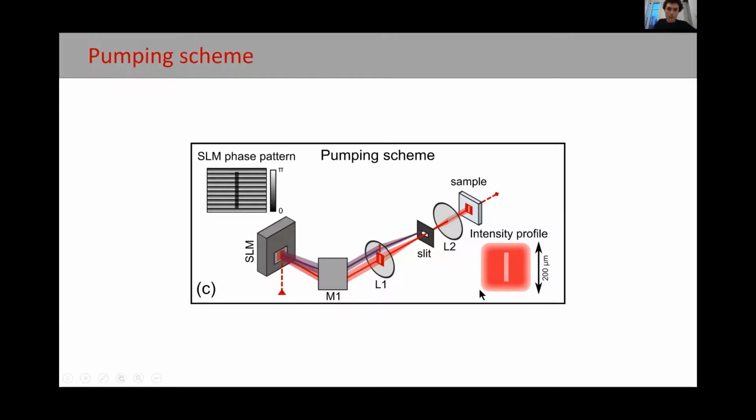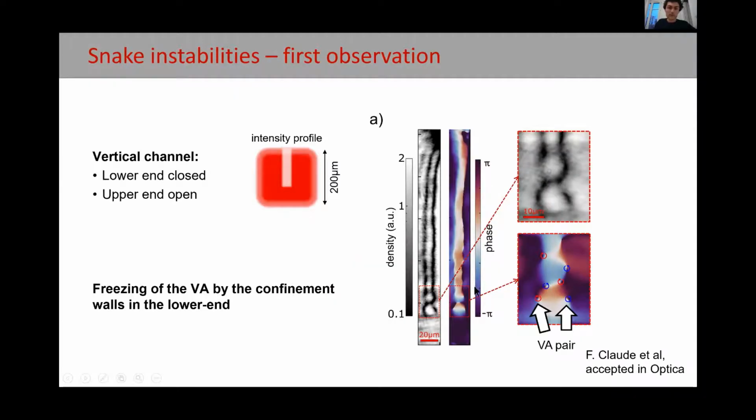Here you have one of our first observations of the snake instabilities in the photon fluid. We imprint inside a 1D vertical channel. Its lower end is closed by a third horizontal wall, while its upper end is linked to the low density part of the cavity at the edge of the laser spot here. As you can see, following the channel, a dark soliton pair propagates and decays into vortex-anti-vortex arrays only in the lower end.